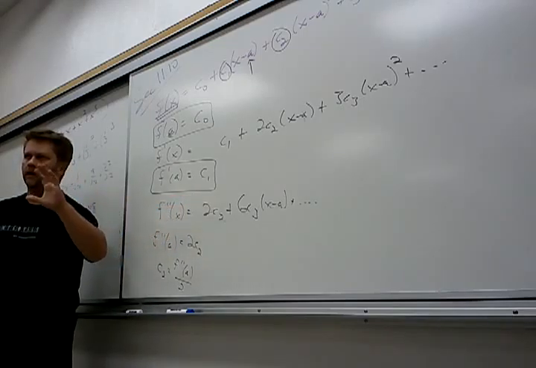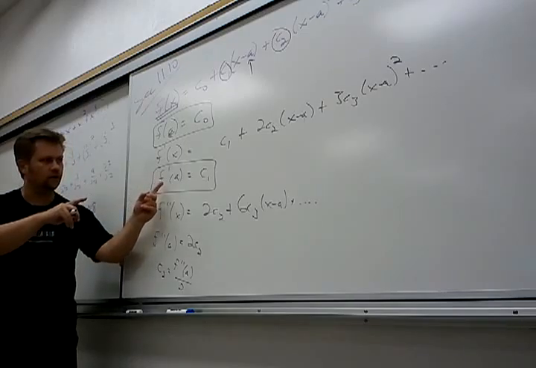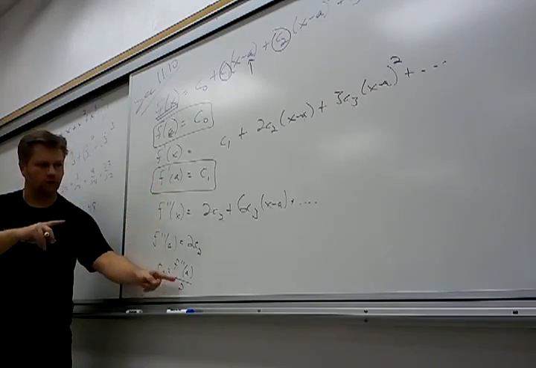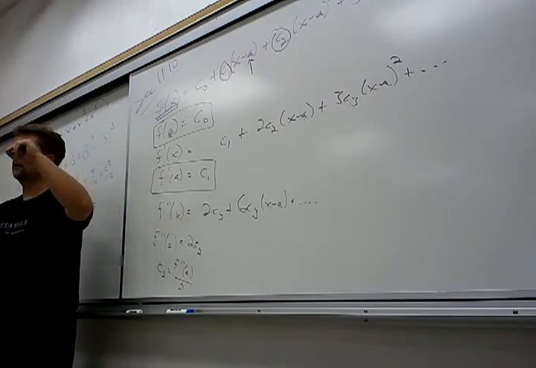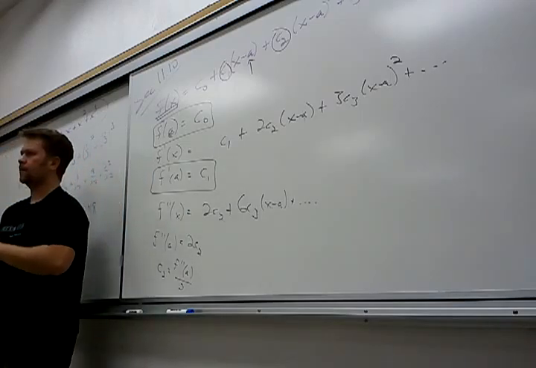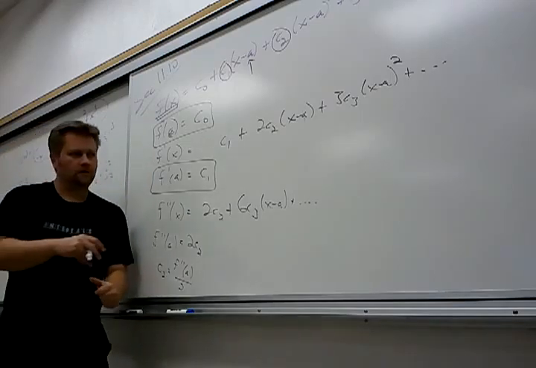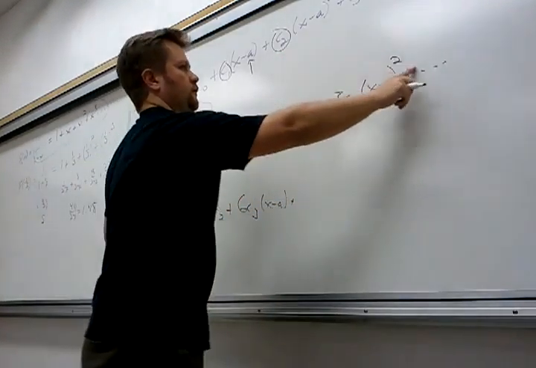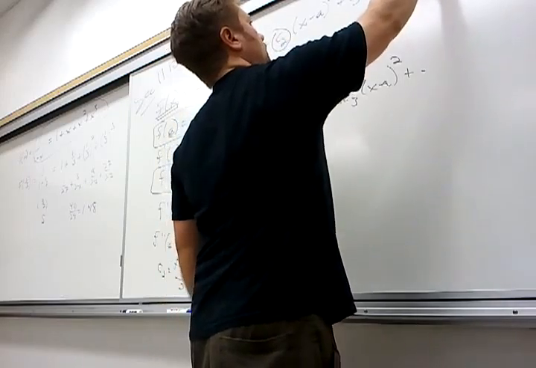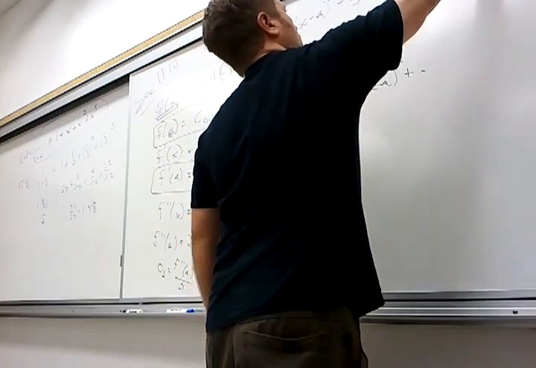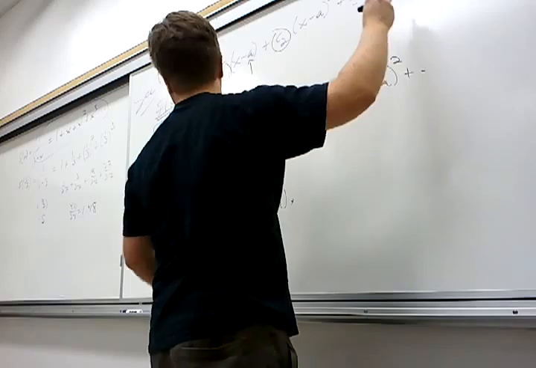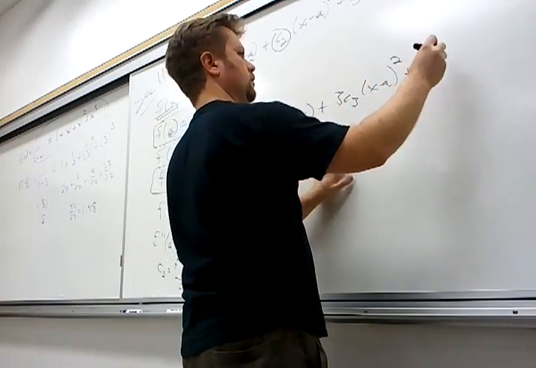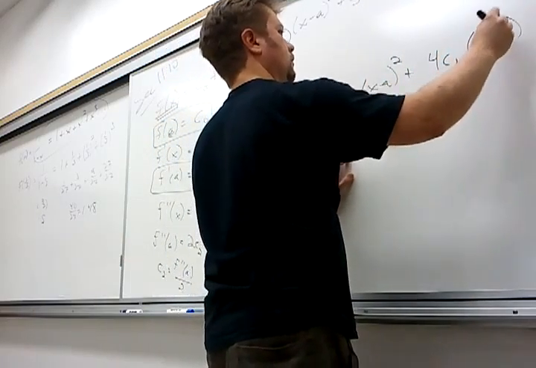Does anyone see the pattern now? What's it going to be? There's 1, 2, 6. If I did another one, x to the 4th, going up here, that would have been plus 4C4.